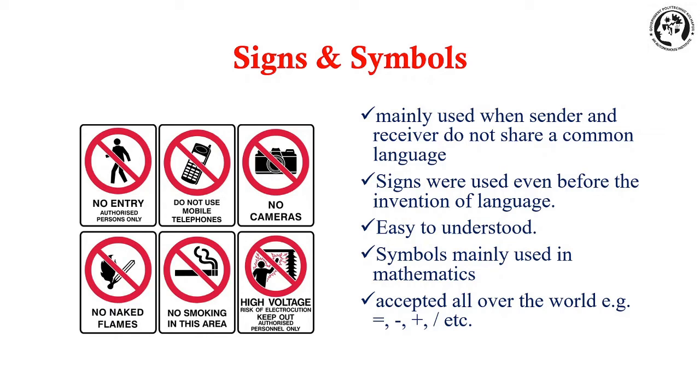Symbols are mainly used in mathematics and drawing. The important thing about symbols is that they are accepted all over the world. For example, equal sign, minus or plus sign, etc. So here are some illustrations of signs.